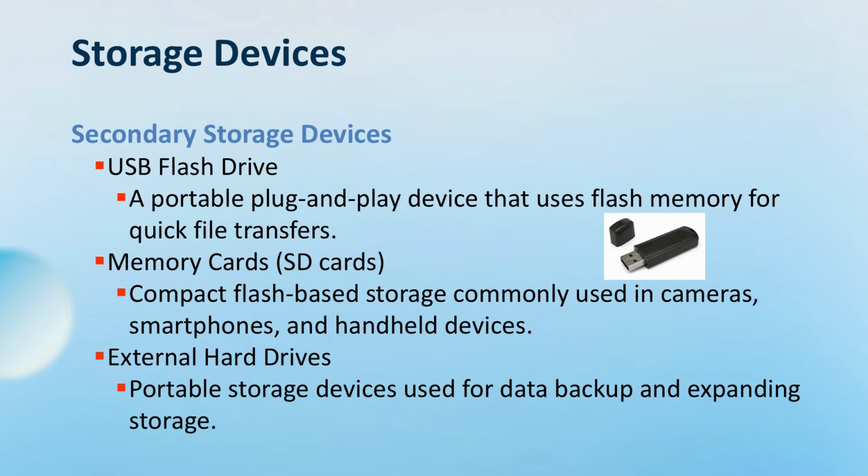Then we have memory cards, also called SD cards. These are compact flash based storage commonly used in cameras, smartphones and handheld devices. Finally, external hard drives are also available, and these are portable storage devices used for data backup and expanding storage.